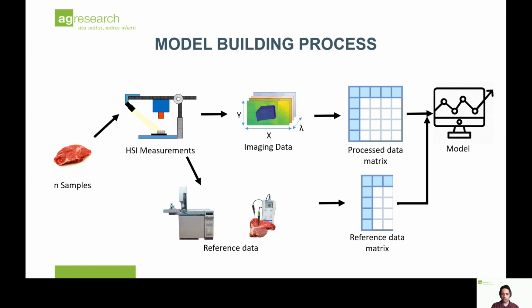This is how a usual model building process works. Imagine an experiment where you are trying to build a model for beef striploin samples. You have n beef striploin samples. We collect the hyperspectral imaging data for it, process the data, then you get a processed data matrix.